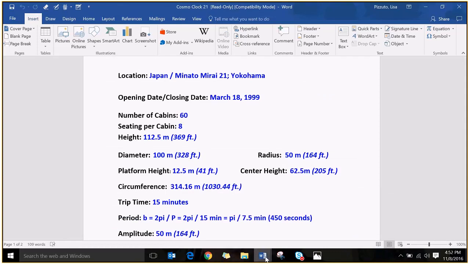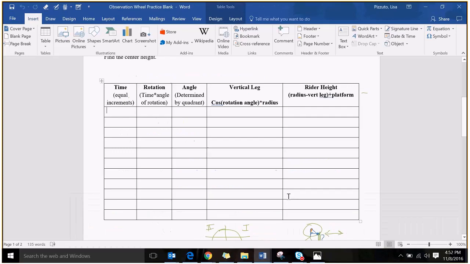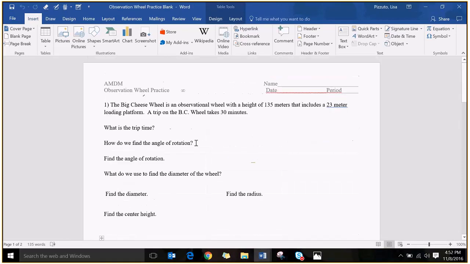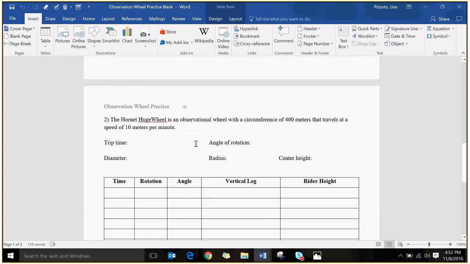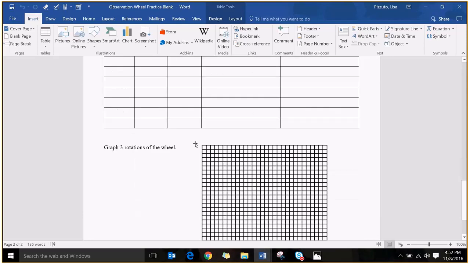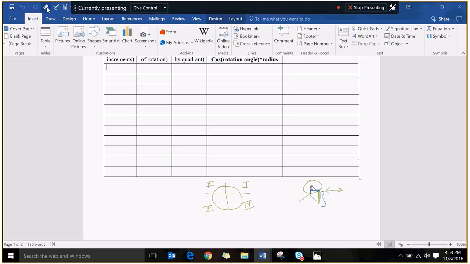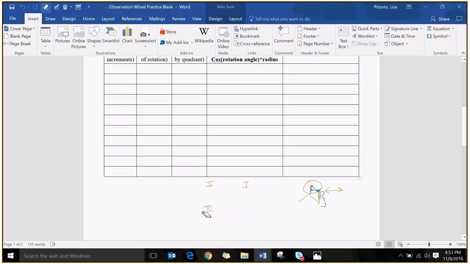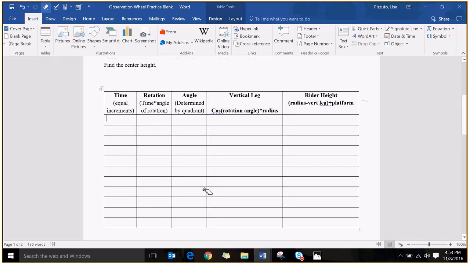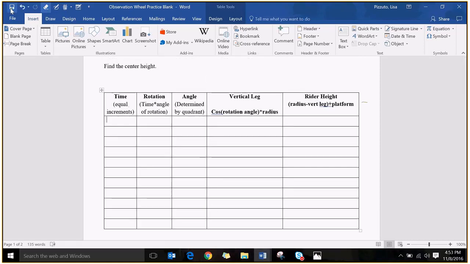On this sheet, I'll send you this sheet. What you want to do here is start off at 0 minutes, and then go up to 15 minutes.